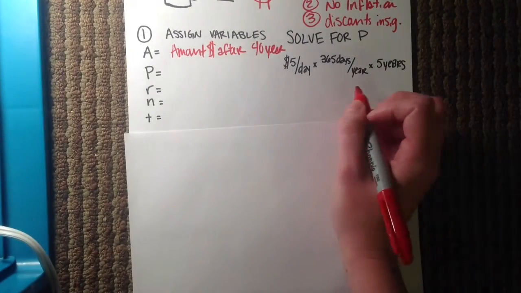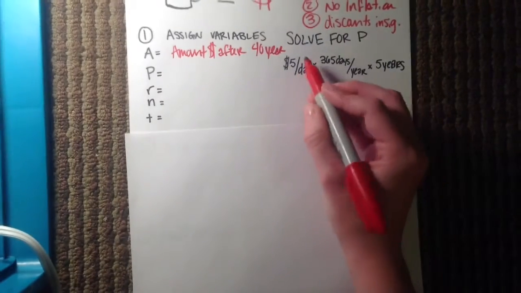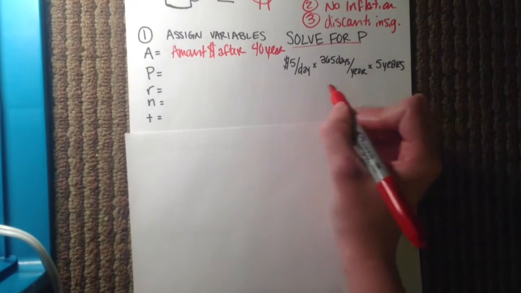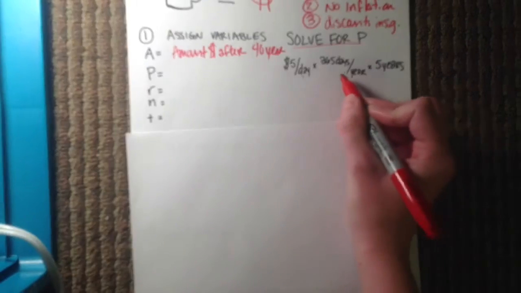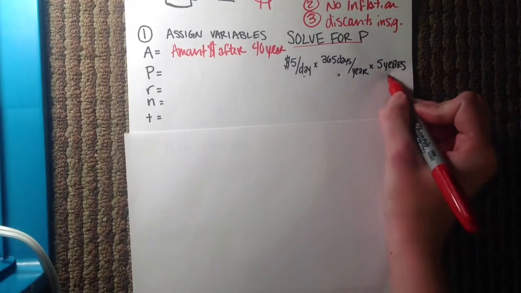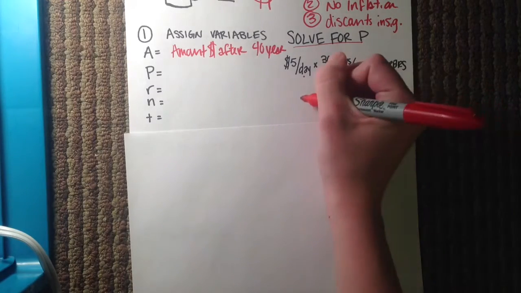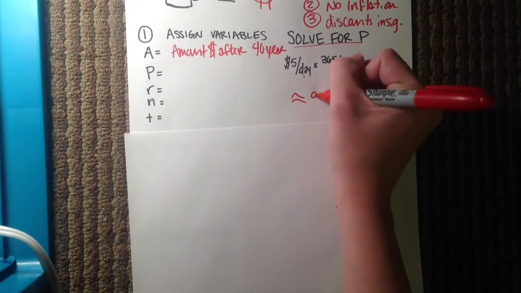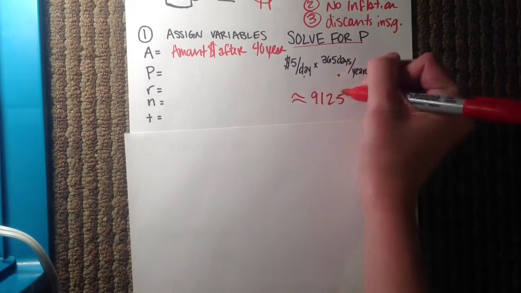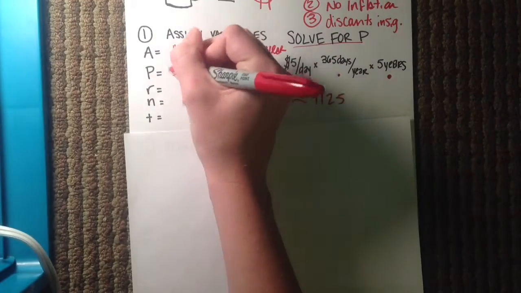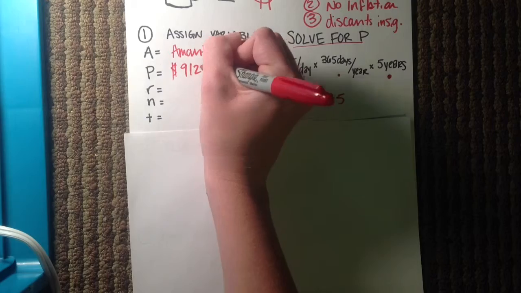So we're just going to treat that as a lump sum, and you solve for P. That's going to be $5 a day, 365 days a year, for 5 years. That's going to give you around $9,000, but in your calculator it'll give you $9,125 total. So we're just going to put that here.